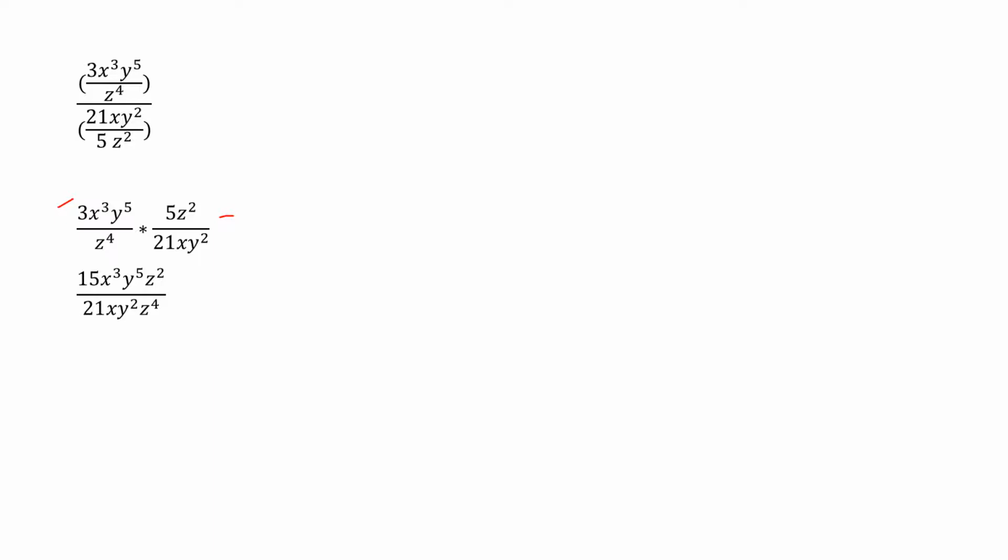And x cubed by x is x square, and y to the power of 5 by y square is y to the power of 3. And we have a higher power of z in the denominator, so z to the power of 4 in the denominator and z square in the numerator leaves us with a z square in the denominator. Okay, so the answer comes out to be option C.